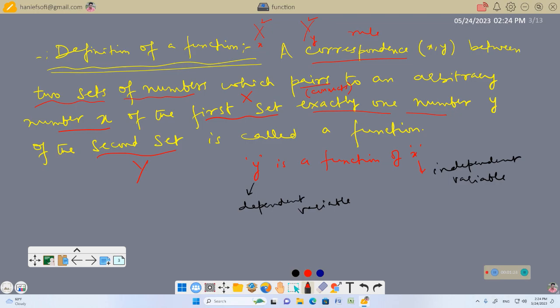When the correspondence is this way, that we have two sets, set x and set y, and the correspondence relates every member of x to a unique member in set y, we say this rule is a function, right? Then we explained the idea.